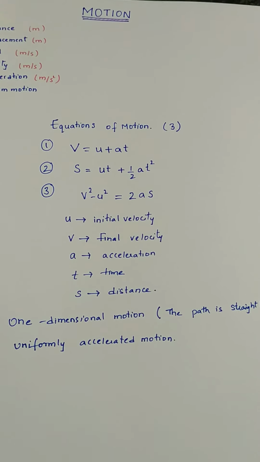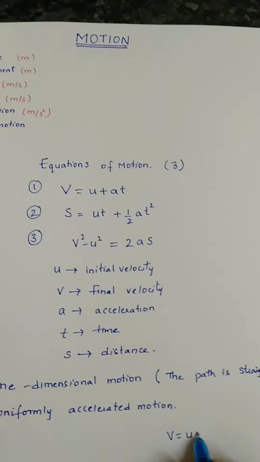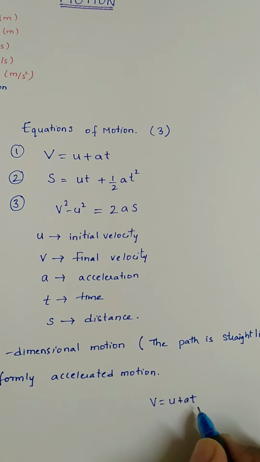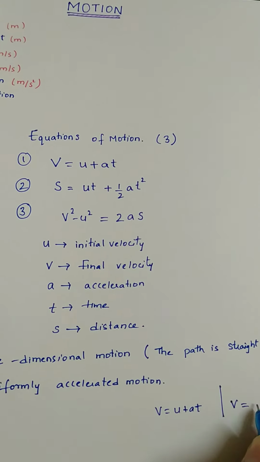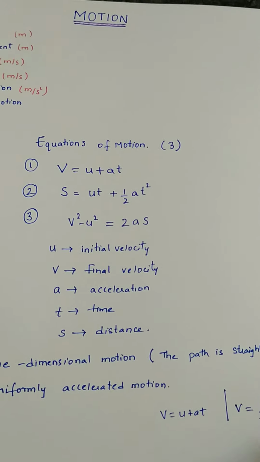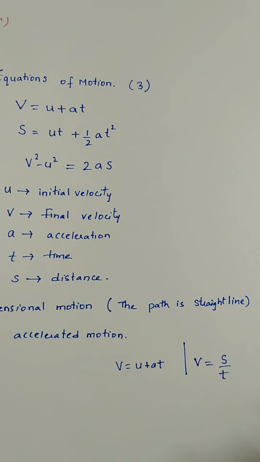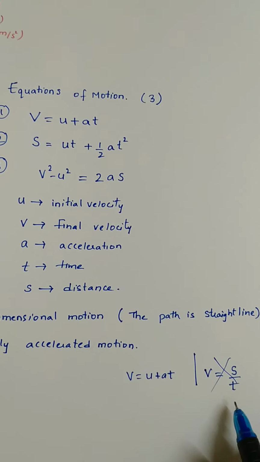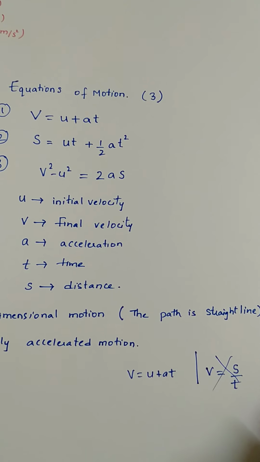Okay. Now before deriving them, we shall see that sometimes in the very beginning days, we get confused. If you look at the first equation, it is v is equal to u plus at. And earlier, before coming across this equation, we know that velocity is displacement or distance by time. Now somebody makes a mistake here. That formula cannot be used when the object is accelerating.